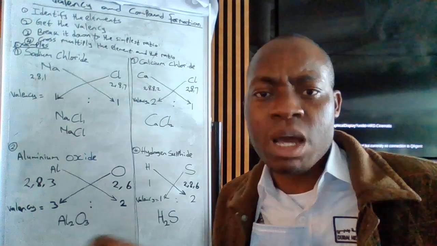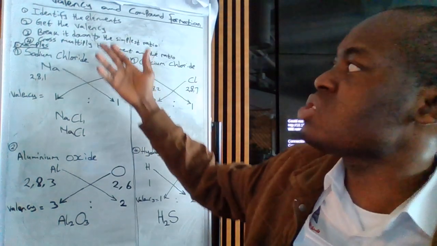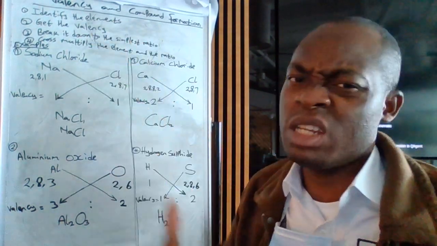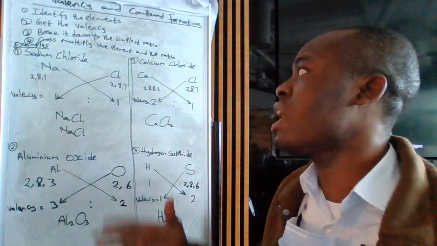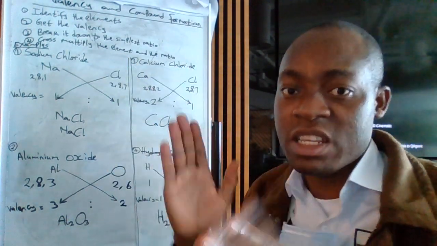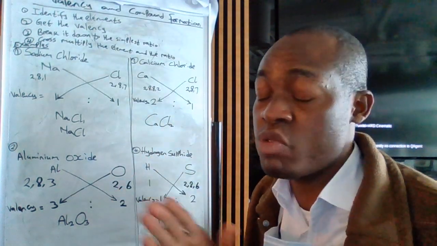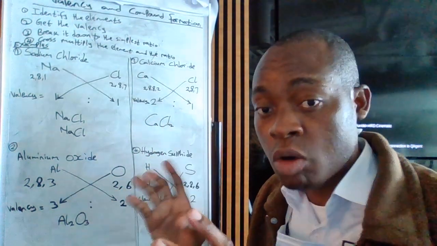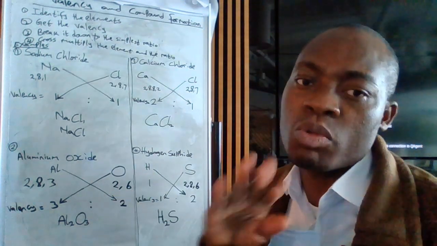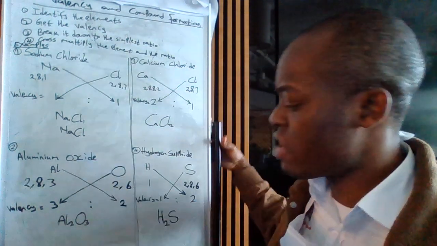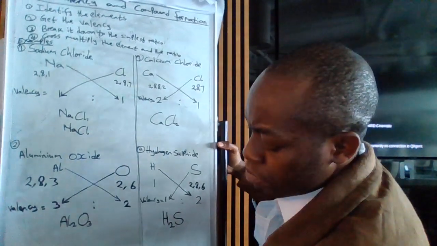What are the elements that make up the compound? That is, you need to identify the elements. Then you get the valency, like I've explained earlier. Then you break the valency into a smaller ratio. You look at the ratio of the valency of those elements. Then you cross multiply, like I've also explained on the board.